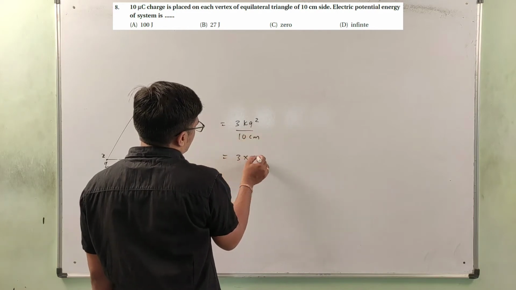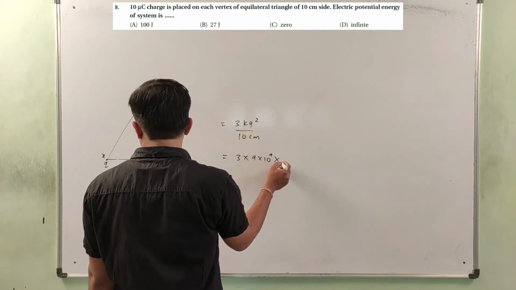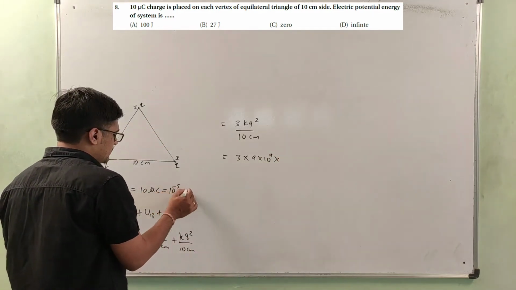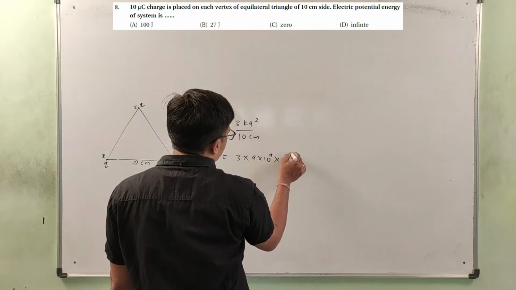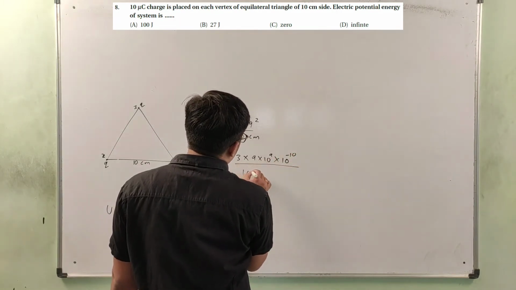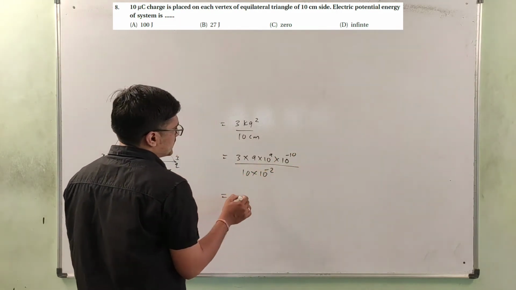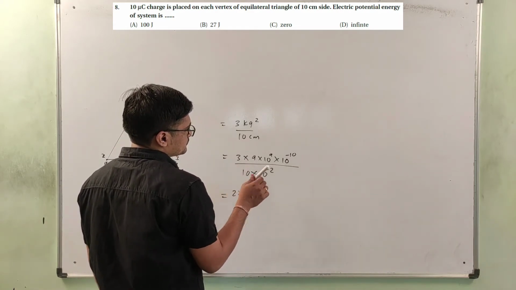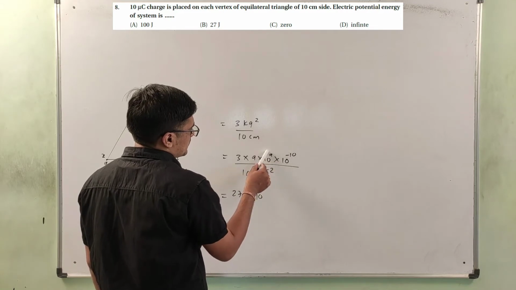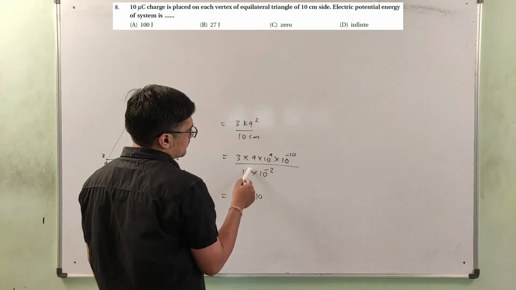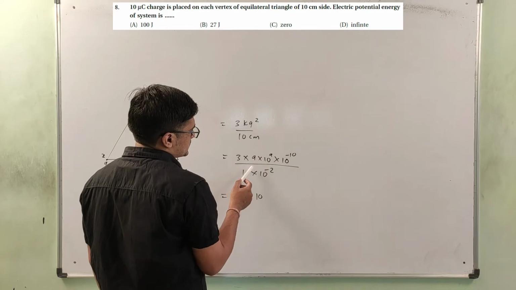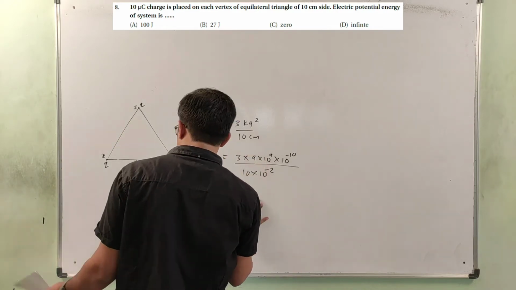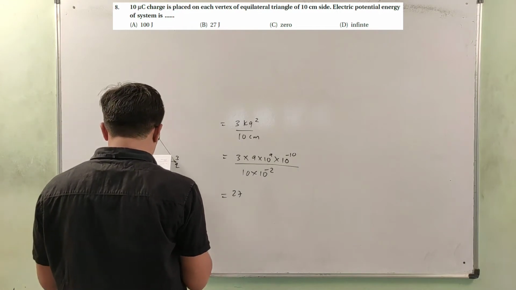So 3 into 9 into 10 power 9 into Q square, where the charge is 10 microcoulomb, which means 10 power minus 5 coulomb. So 10 power minus 5 square is 10 power minus 10, divided by 10 into 10 power minus 2. That is 9 threes are 27 into 10 power, minus 1 minus 1 minus 1 plus 1, which means 0. 27 joule is the answer.